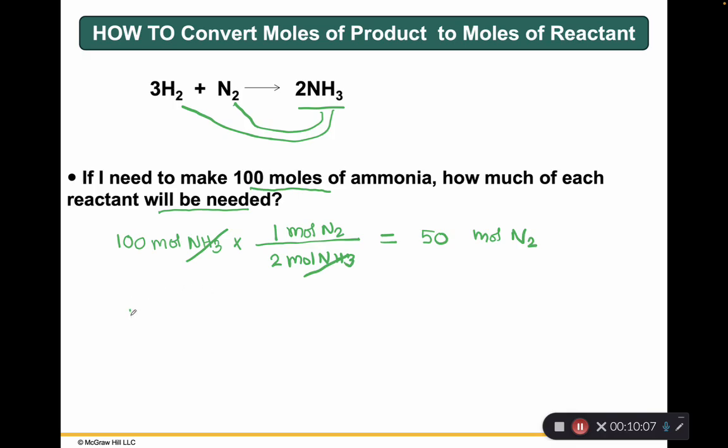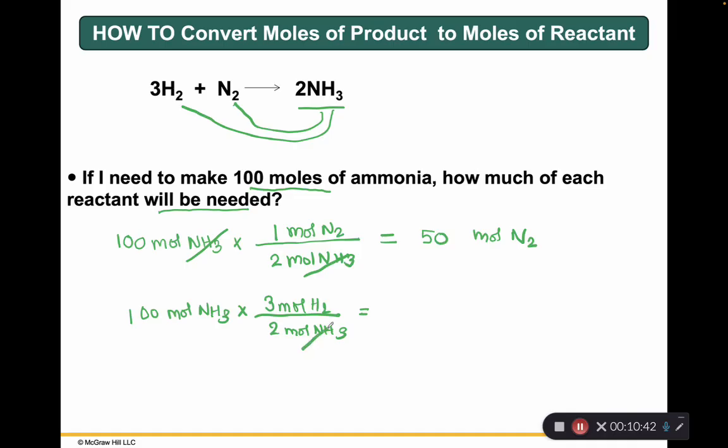Similarly, to calculate the moles of hydrogen, you start with 100 moles of ammonia. Now you can do it quickly because you have understood what is required. So 2 moles of ammonia is equivalent to 3 moles of hydrogen. I encourage you to write the compound name, hydrogen or ammonia, with the moles. Students make a habit of writing just the number and not the words behind them, and sometimes it confuses them.